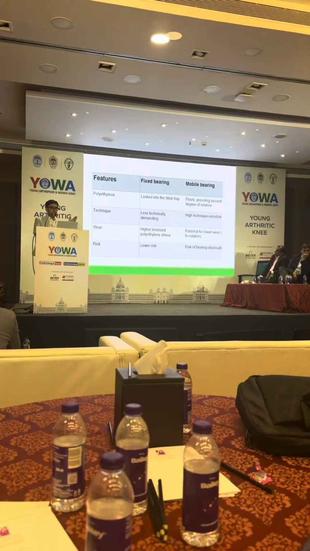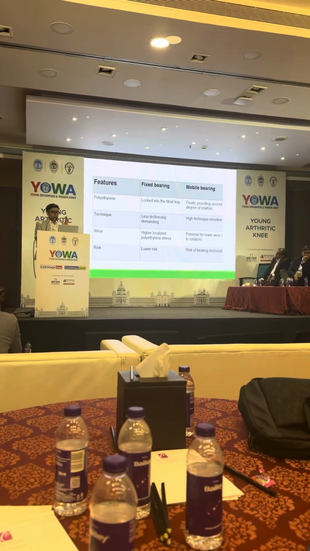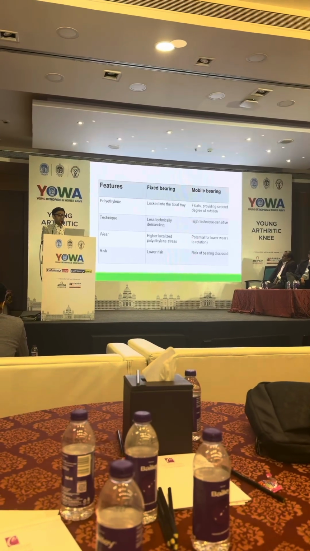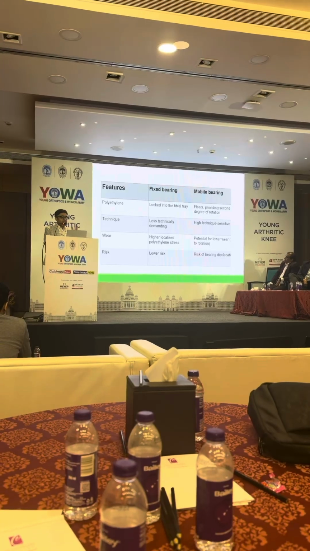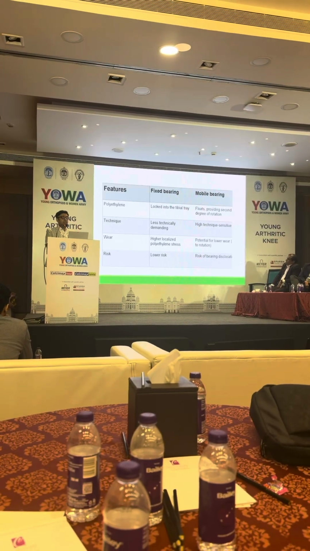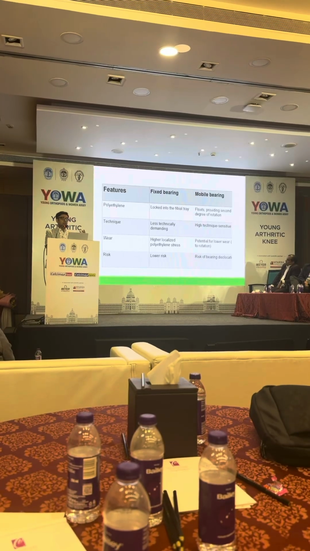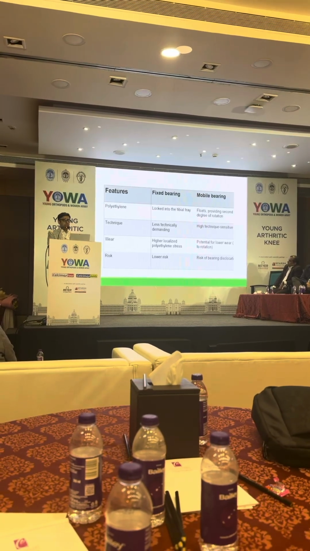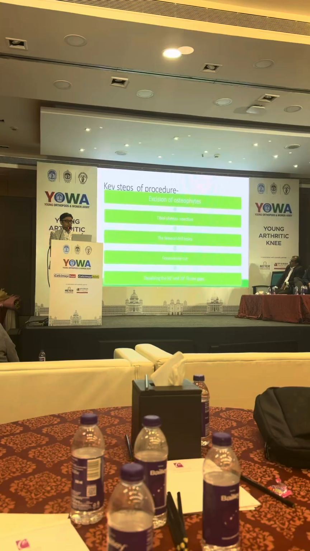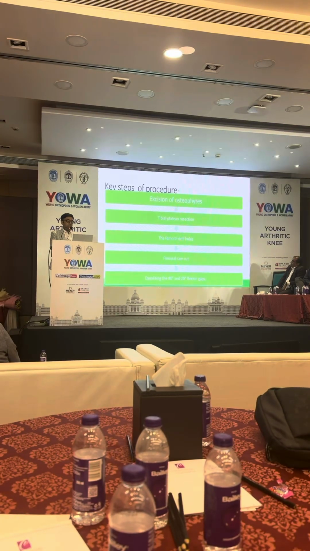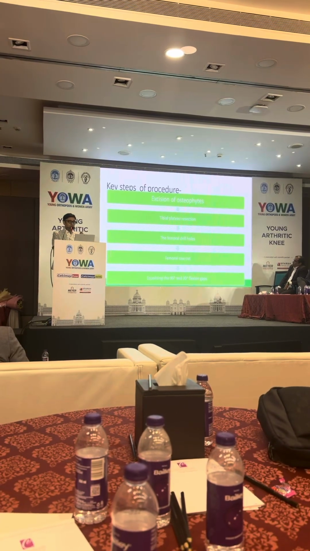So there are fixed bearing and mobile bearing. Fixed bearing is where the polyethylene is locked to the tibial tray; it is less technically demanding, with a lower risk. And for the mobile bearing, these are the steps: excision of osteophyte, tibial plateau resection, femoral drill holes, and femoral saw.